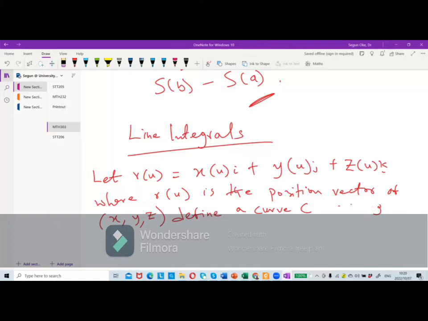Define a curve C joining points P1 and P2.